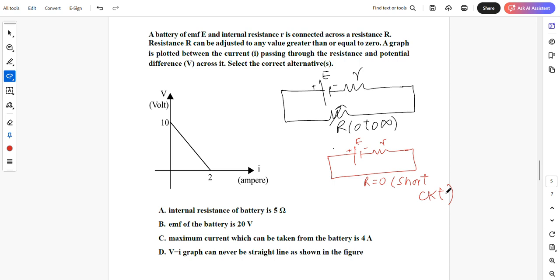When R is equal to 0 and the circuit is short circuited, what happens to the voltage here?